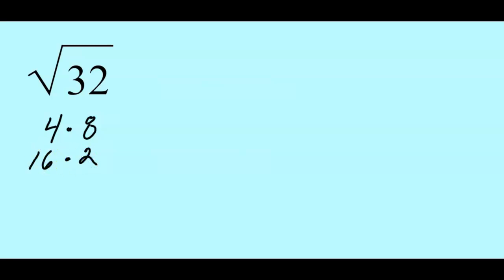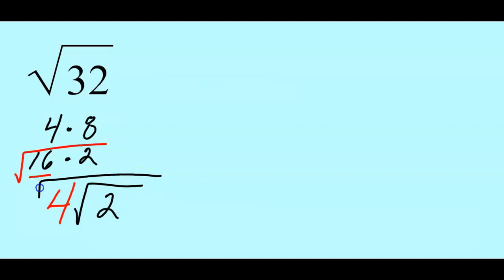So 16 is the biggest perfect square that divides into 32. If you use 4 and 8, it'll be simplified, but it won't be simplified completely. So we want to use this one. Since 16 is my perfect square, I'm going to take the square root of 16, which is 4. And then the square root of 2 is not big enough to be simplified, so the 2 has to stay under the radical.